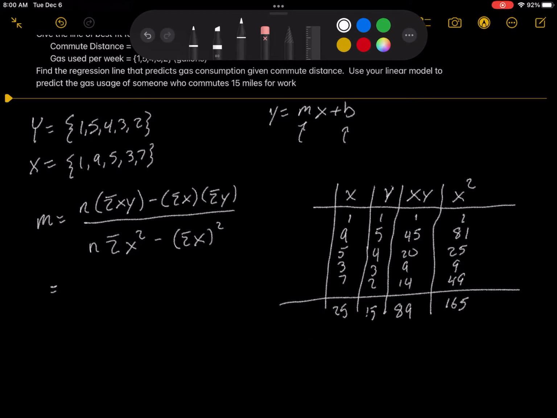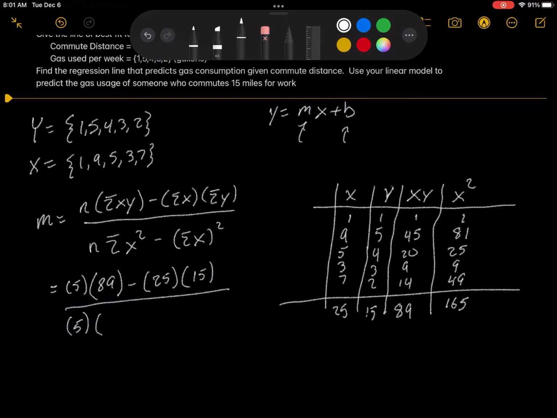So we go back to this equation. How many data pairs do I have? What's my n? I've got 1, 2, 3, 4, 5 data pairs. The sum of x times y's, 89. The sum of x's, 25. The sum of y's, 15. In here, again, 5.